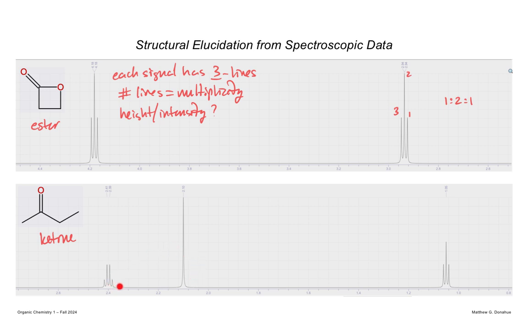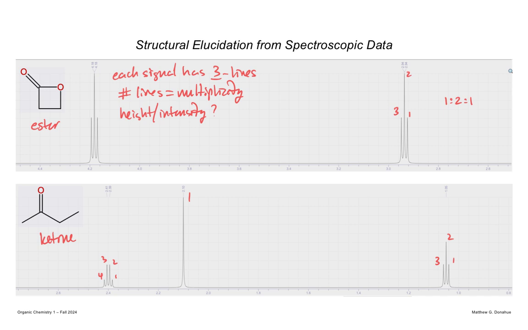And then the third signal has how many lines? 4. So what is going on here? How do we explain this? So you have 4 lines here. One line there, 1, 2, 3.